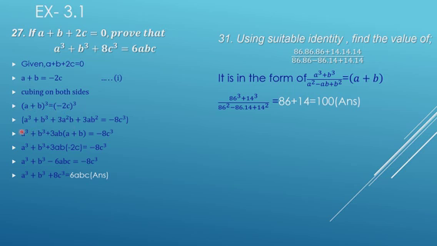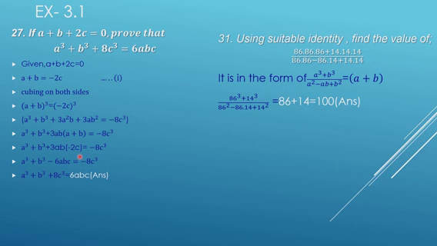Now this can be expanded. Your formula will be a cube plus b cube plus 3a square b plus 3ab square. If you see, 3ab is common in both the terms, so you are left with a plus b. For a plus b we know the value is minus 2c, so we can write minus 2c here.